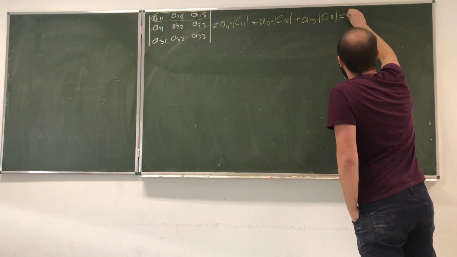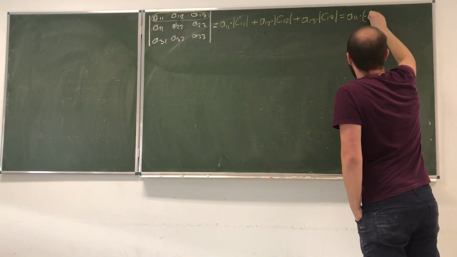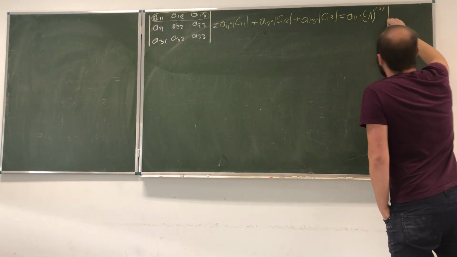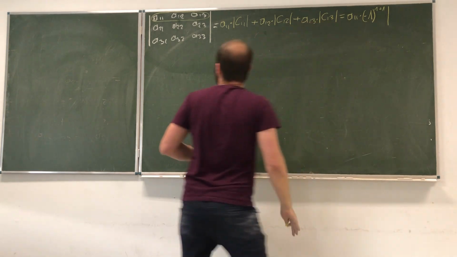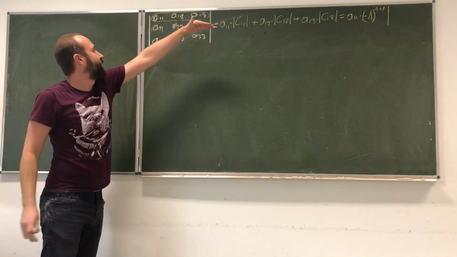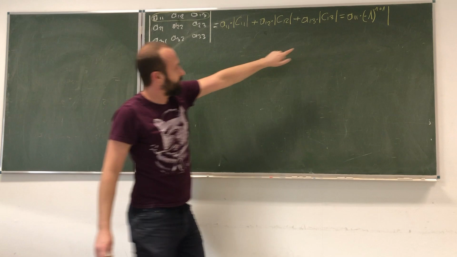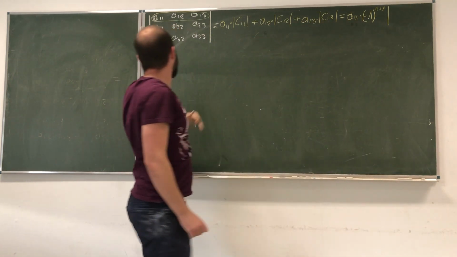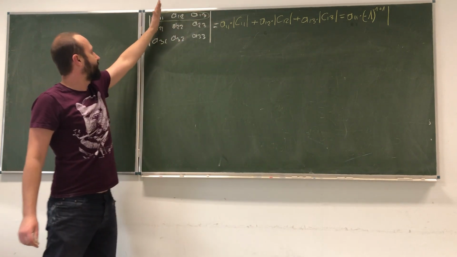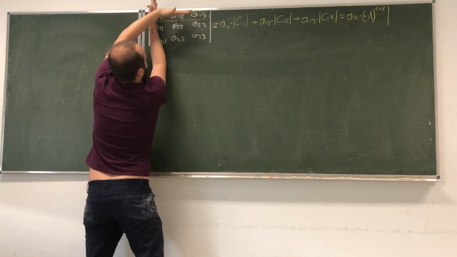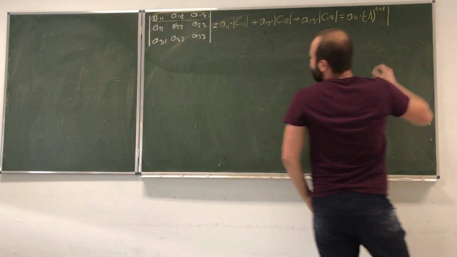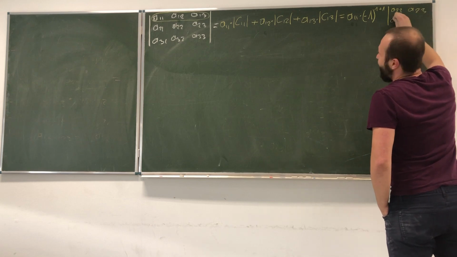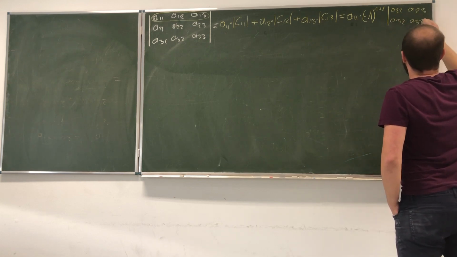I get that this is A11 times negative 1 to the power 1 plus 1 times the minor. And the minor, if I delete first row, first column, because this element lies in the first row, first column, will be everything left if I delete those two. And this is A22, A23, A32, A33.